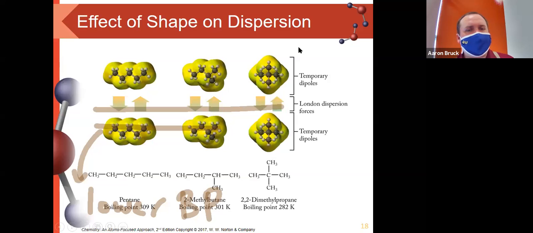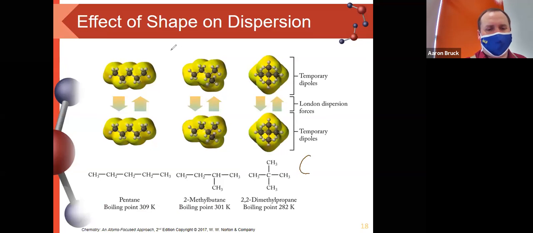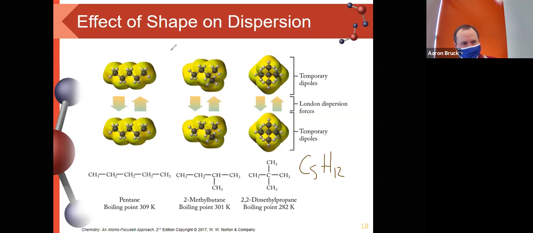And so we can see this in these constitutional isomers here. All three of these compounds have the formula C5H12. They're all derivatives of pentane.